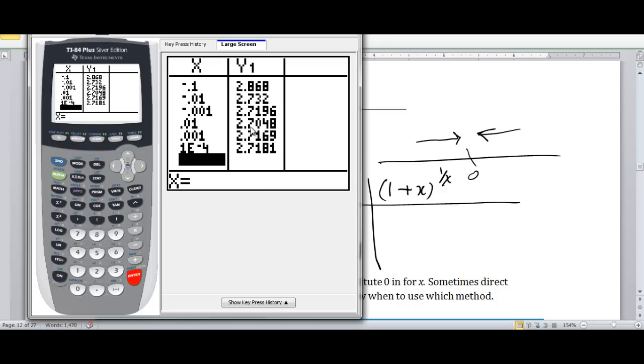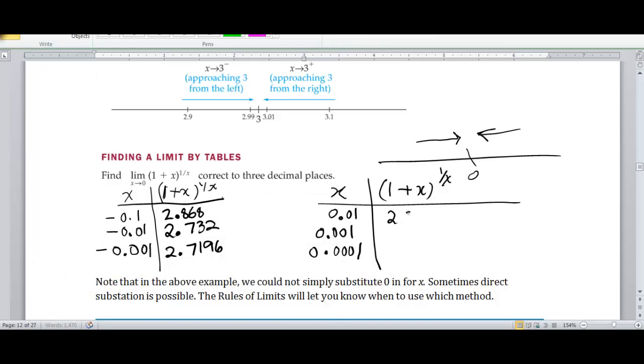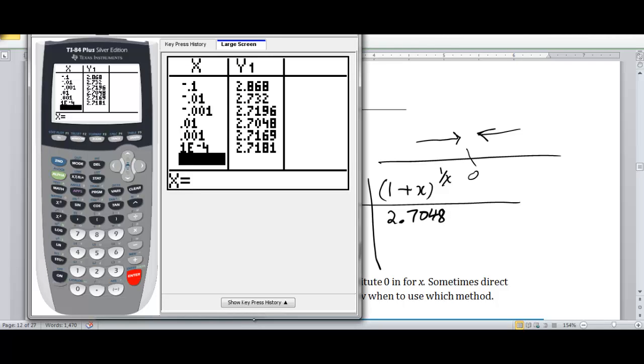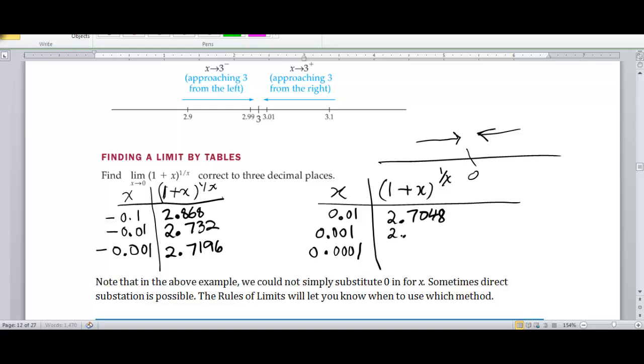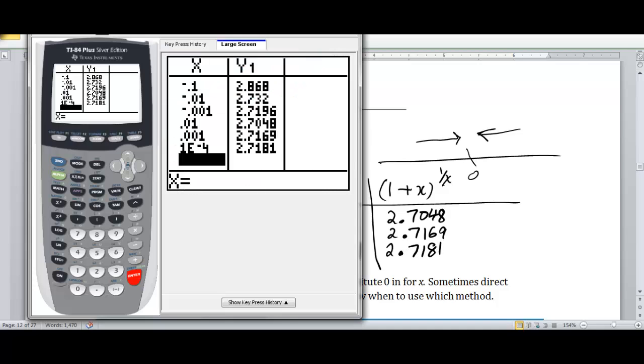Okay, that's 2.7048, 2.7169, and 2.7181. And those are the values I have.